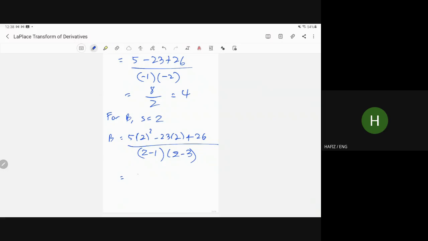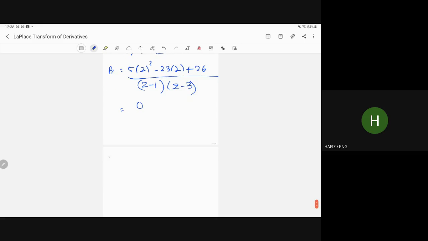So this will actually give you 0 over 1, which is basically just 0. So B is 0. This one is 20 minus 46 is minus 26, plus 26 is 0. So the top part is 0, so it doesn't matter what the bottom is.